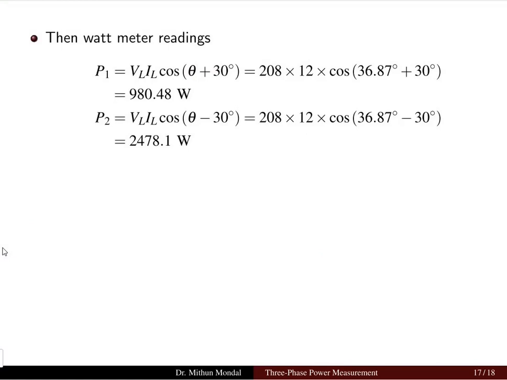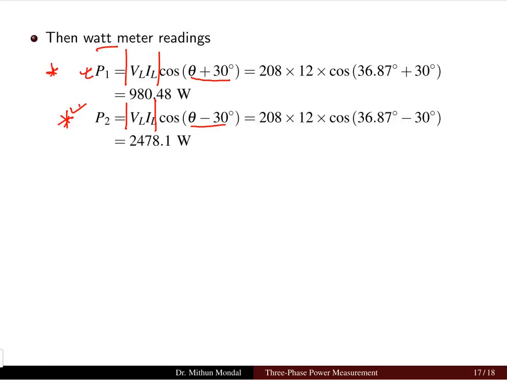The 2 wattmeters will measure the powers P1 and P2, and the magnitude will be VL IL, and the angle will be cos(theta plus 30) and cos(theta minus 30). So this we have discussed in the lecture, where we have seen the derivation and the important formulas regarding the real power and the reactive power. So this is the real power formula.